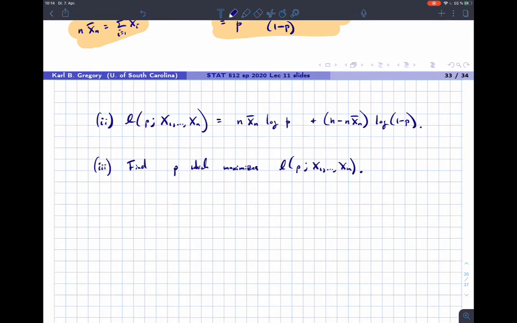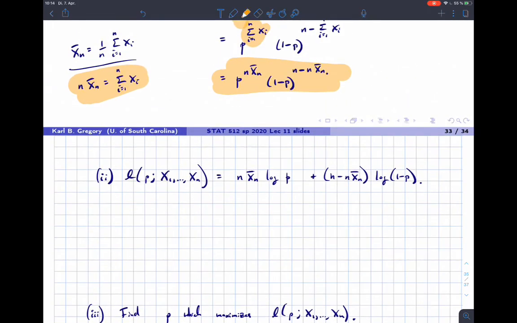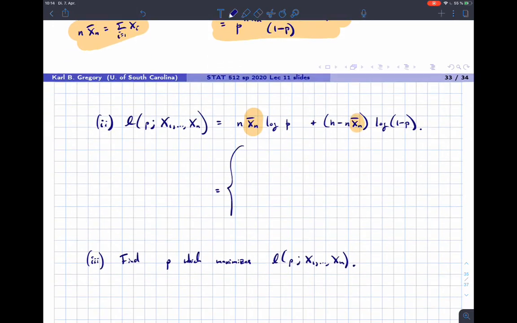One thing that's interesting about this likelihood is that if we look at it closely, and think about the possible values that x bar can take, it's possible that some terms disappear under certain samples.